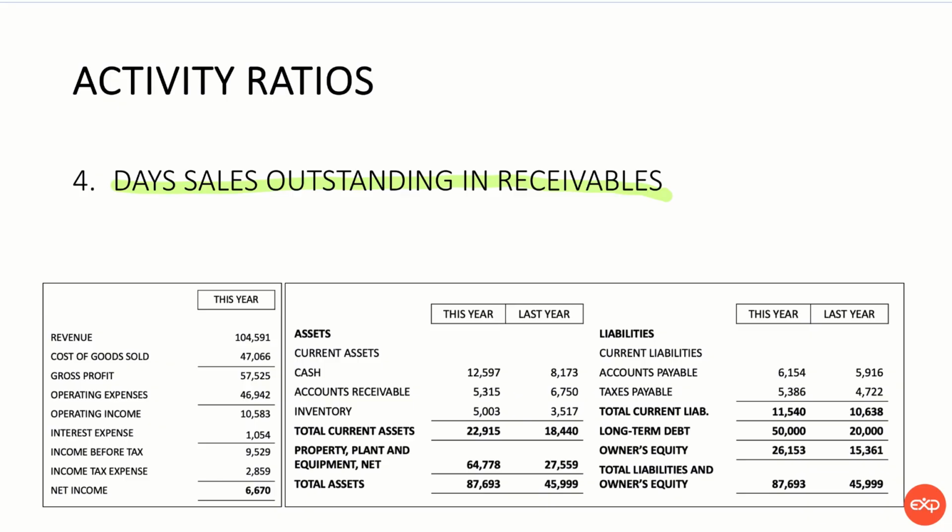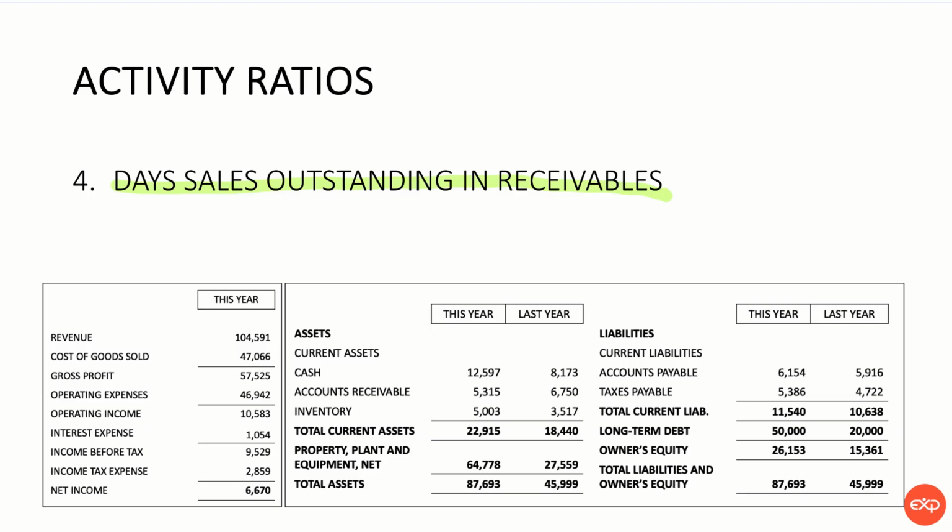With the days ratio, we are looking at how many days it takes for the company to actually get cash back, or in the case of days purchase, how many days it takes for the company to pay the payables back. So just to give a brief description of what DSO is, it's a financial metric that measures the average number of days it takes for a company to collect payment from its customers after the sale. As mentioned, it is working out how many days instead of how many times.